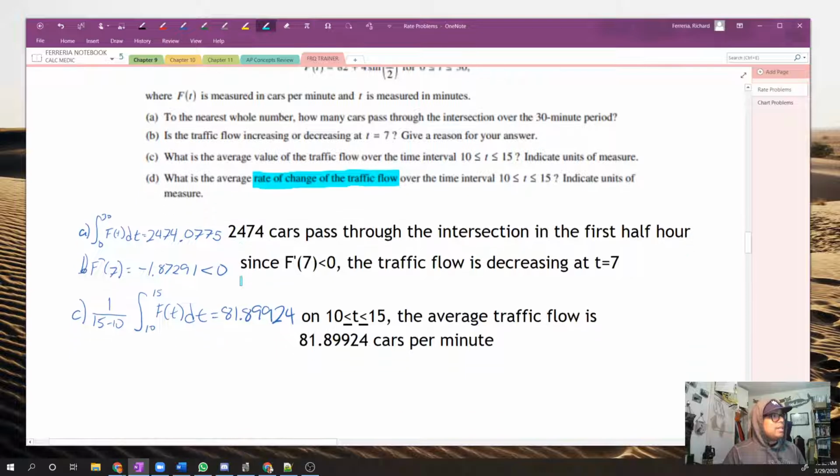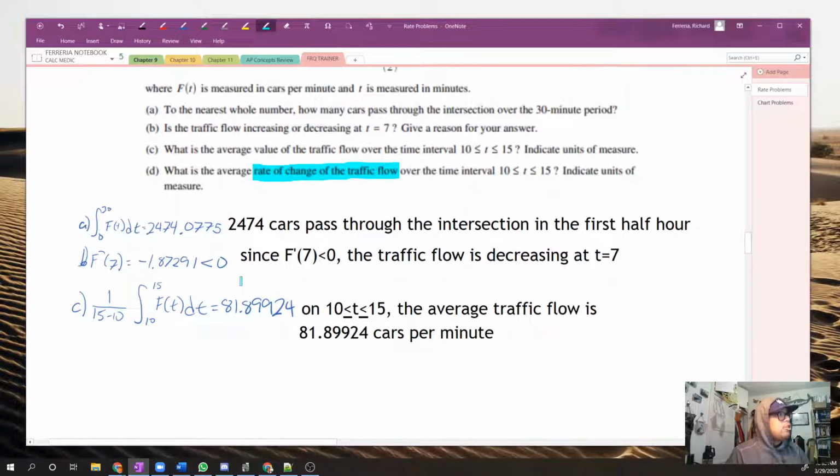So I need to take the average formula that I use for everything in calculus, which is 1 over 10 to 15, and in there I need to put the derivative of traffic flow. Remember, the derivative of traffic flow is the rate of change of traffic flow. So f prime of t dt.